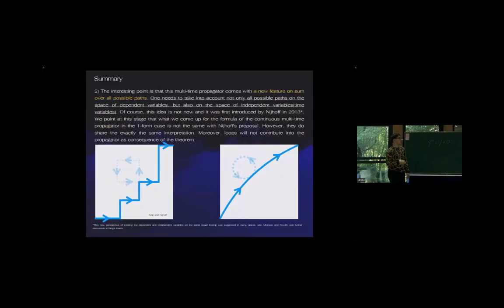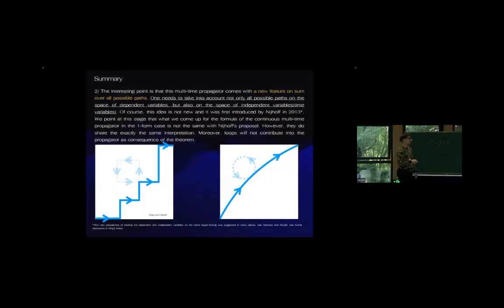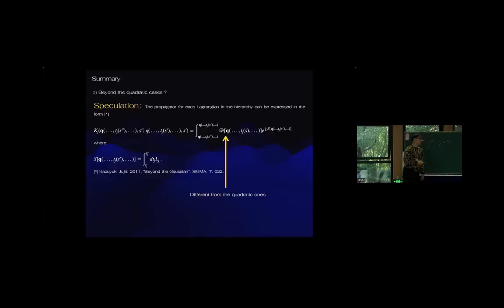Okay, and then we find that we have the same in the discrete case here. They found that the loop path does not contribute to the path. We also find exactly the same for the continuous case, that the loop path does not contribute here. And so what about beyond the quadratic case?